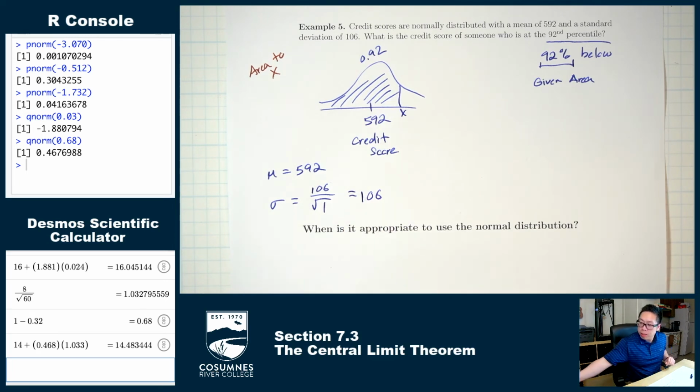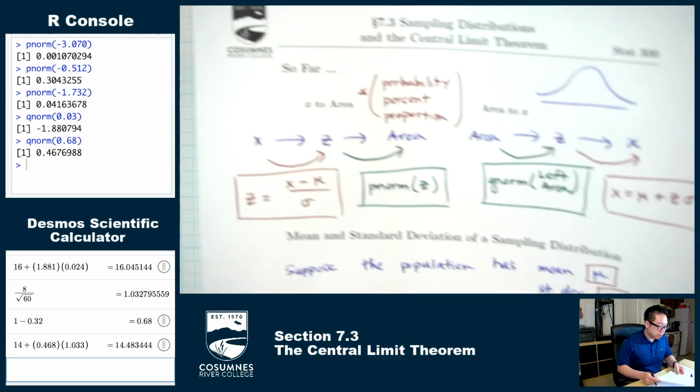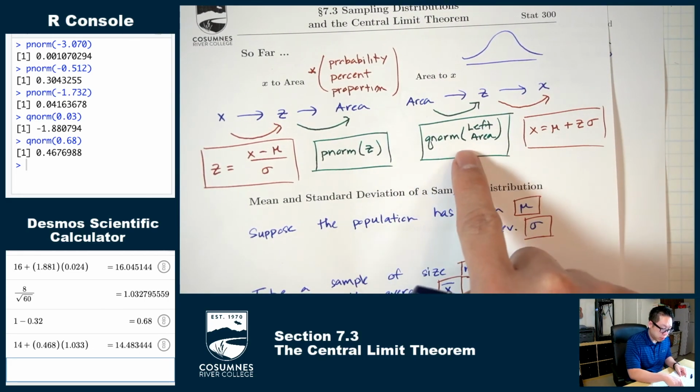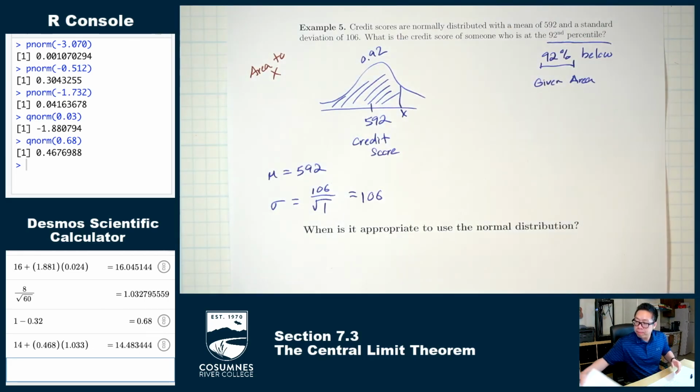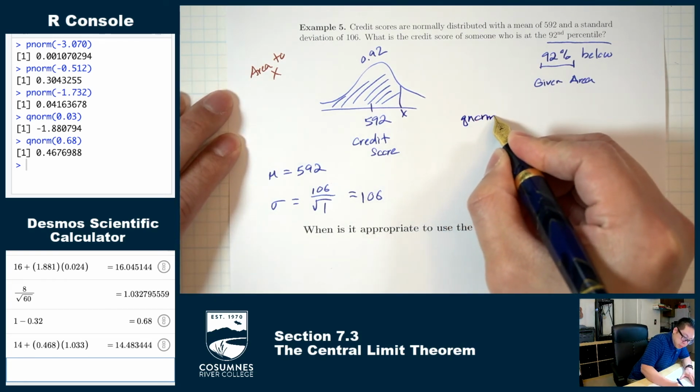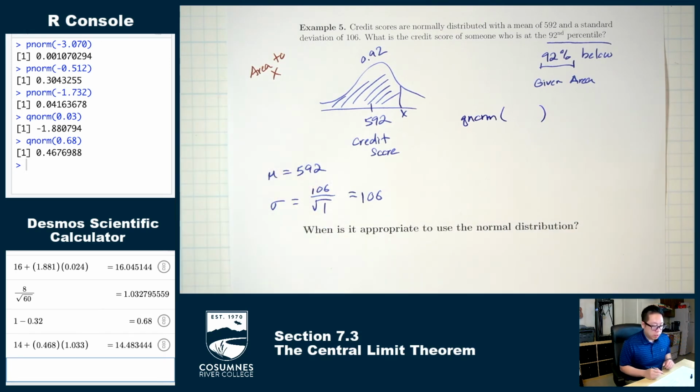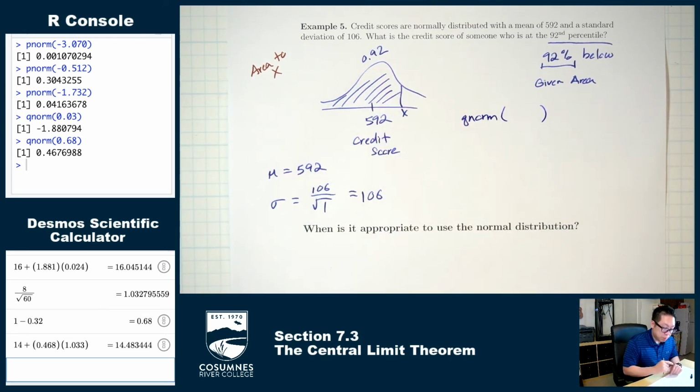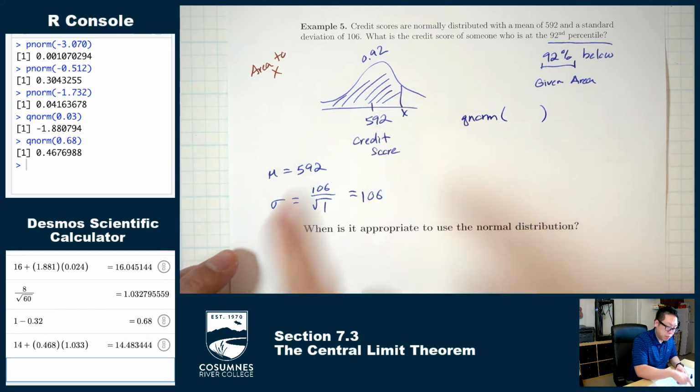All right. So this we said was area to x. First thing we need to do is qnorm left area. Is .92 the left area? Yes, it is, right? The shade to the left is 0.92.